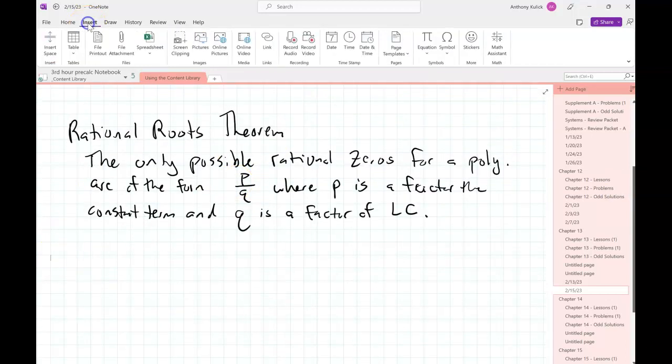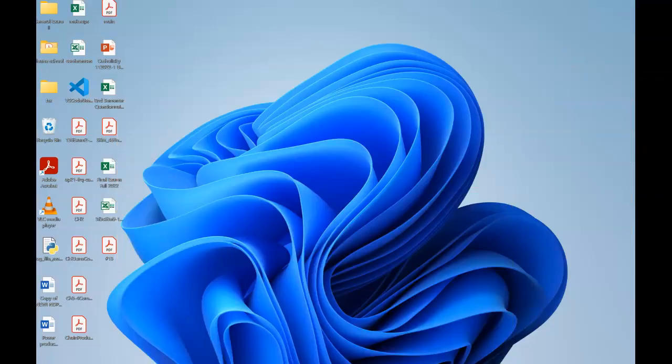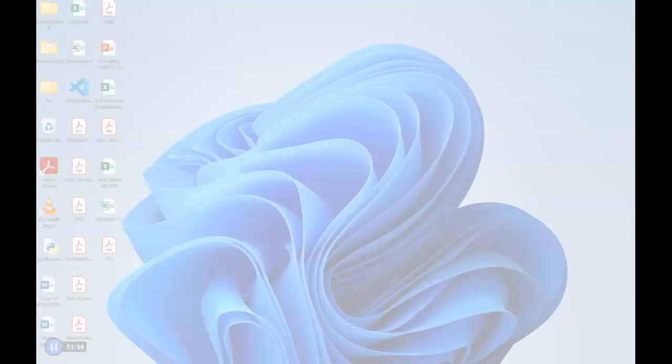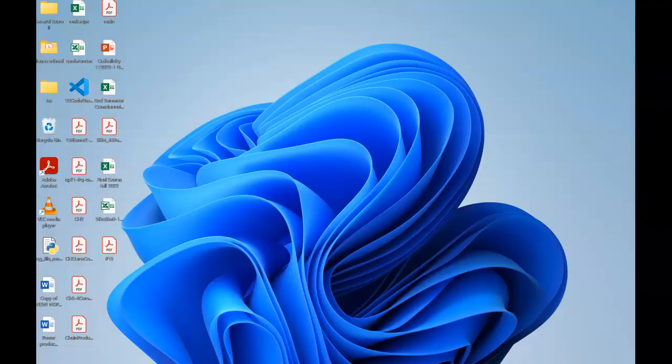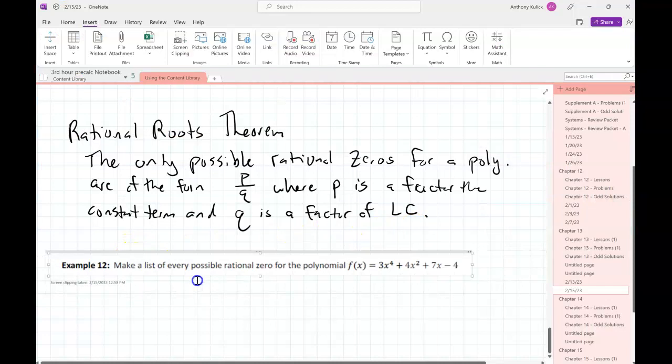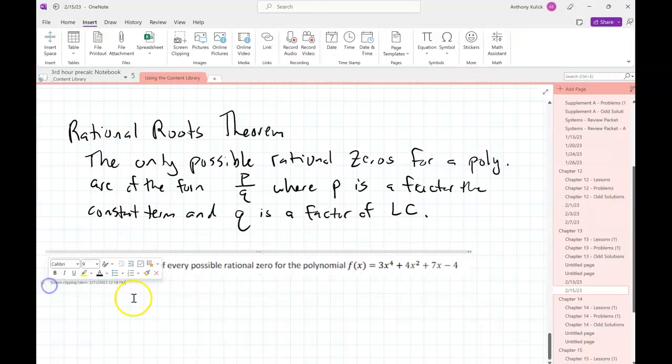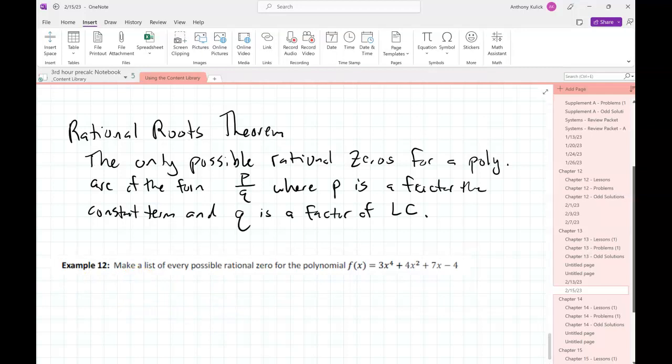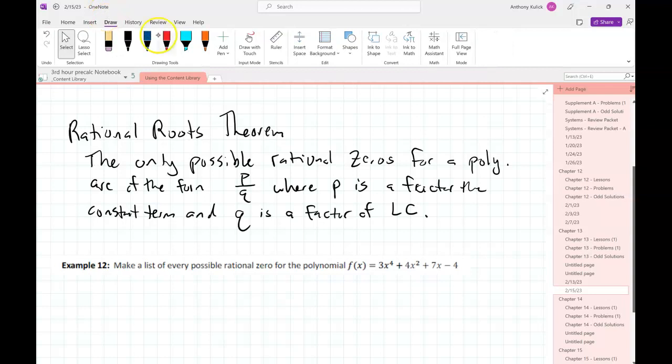This is going to be a super important theorem. We're going to use this a whole heap. So let's do an example.